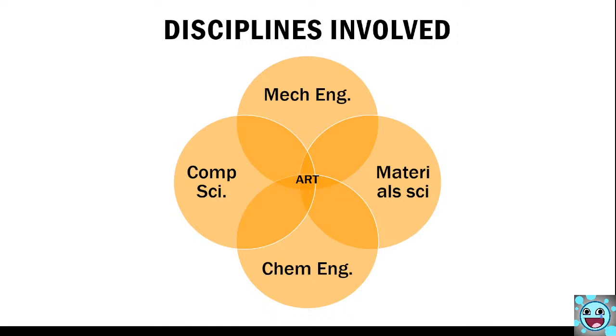If you cannot control how it works, it will not be able to deposit materials properly. And behind all this, we have to remember that 3D printing is a form of art. So there is some artistic element involved, not just the science only.